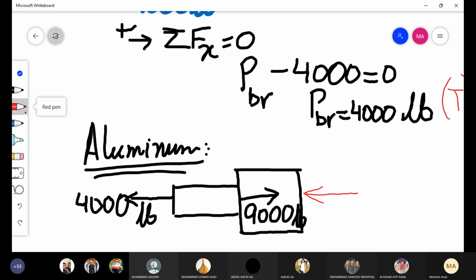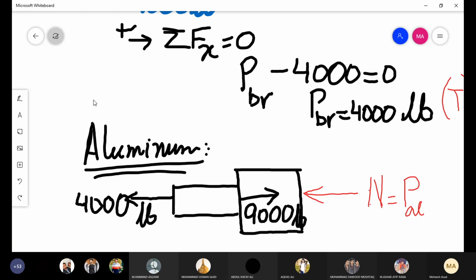This assumption is again repeating; you can judge what internal force would be acting right now, or you can assume any one direction. It's up to you, whichever is easier for you. Now this is a normal force and we will call it PAL to refer to the internal force in aluminum section.